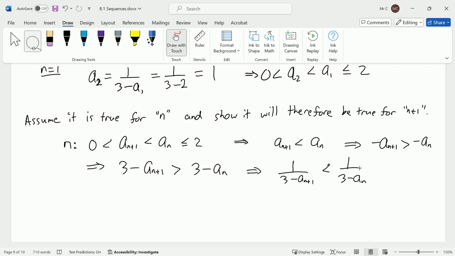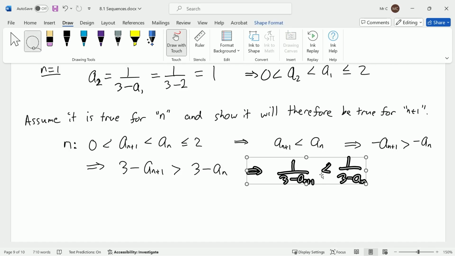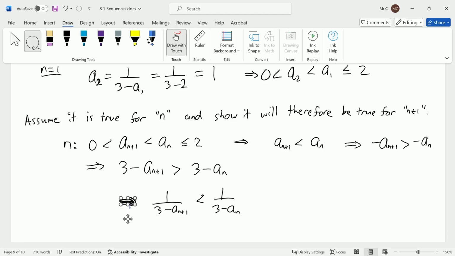But what are these two things? So I'm going to just move this down here for space. So this expression here is a sub n plus 2.